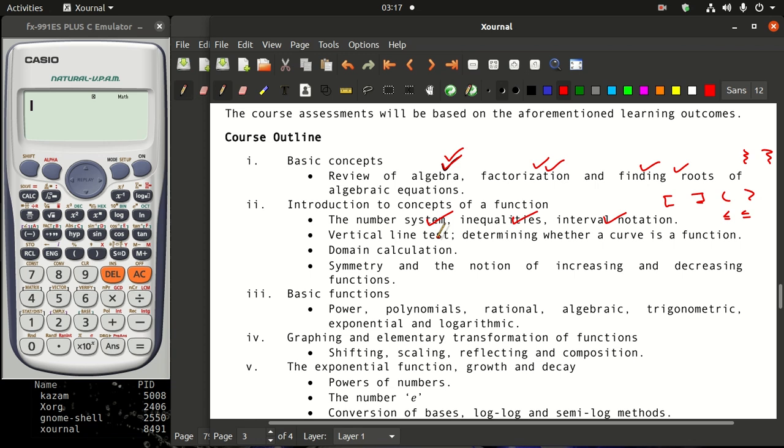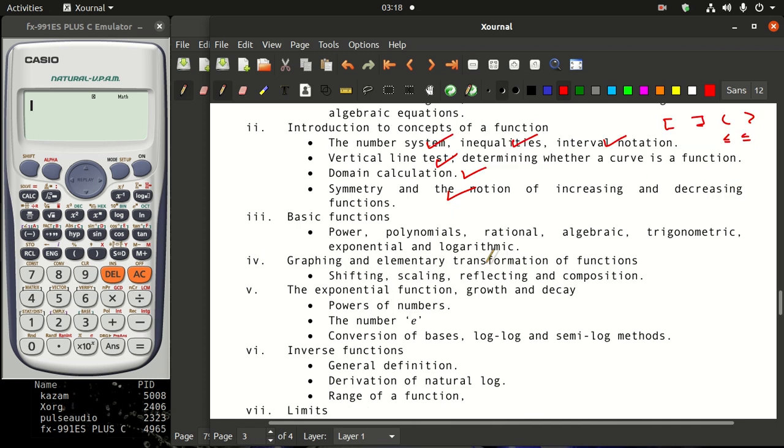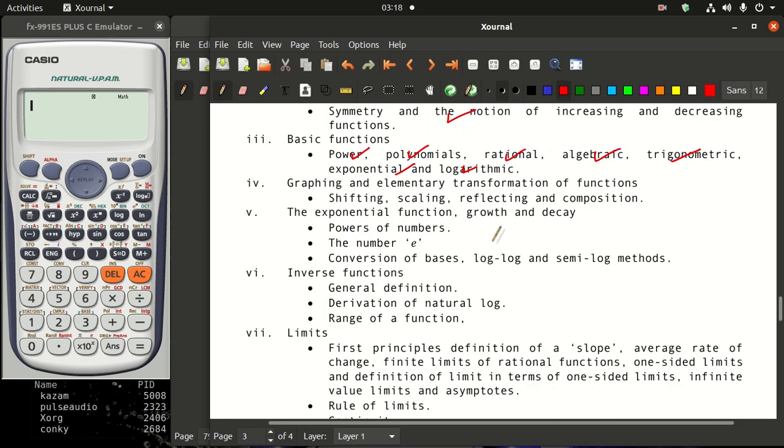Vertical line test, we did that. Determining whether a curve is a function or not. Domain, symmetry, we talked about that. And then we also talked about power functions, polynomials, rational functions, algebraic functions, trigonometric functions, exponential functions, logarithmic functions. We did that.